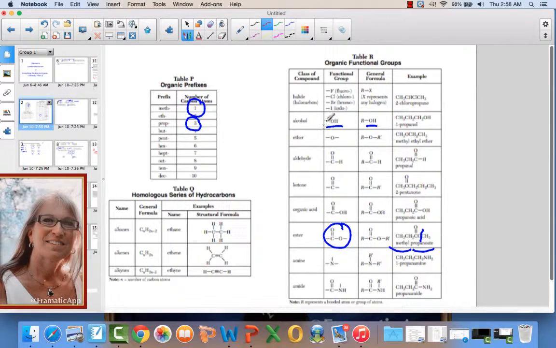And here is an alcohol. An alcohol has an OH functional group at the end, unless they tell us that the alcohol is somewhere else, and this was prop, so this is propanol. And you do the same thing. If it were butanol, we would take off the prop and replace it with but. If it were pent, 5 carbons, we take off the prop and replace it with pent.